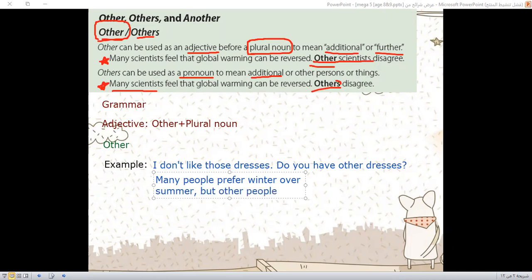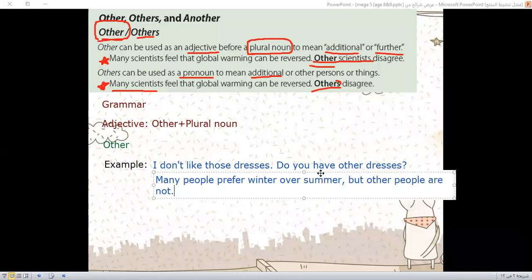People is plural. Okay, so that's why Manar used other. So other people, we can say simply, but other people are not winter. So many people prefer winter over summer, but other people are not, which means they don't prefer winter over summer. Very good. Thank you so much, Manar.